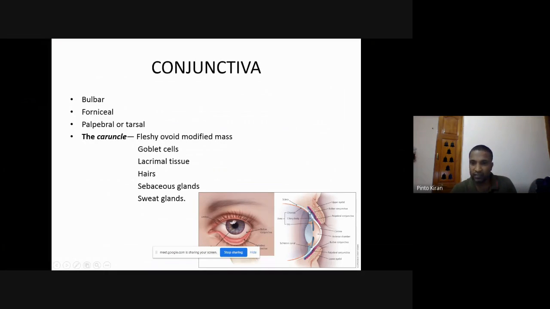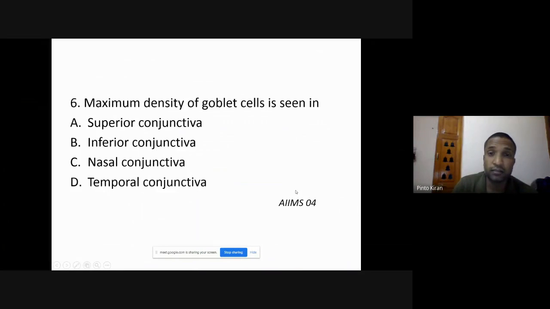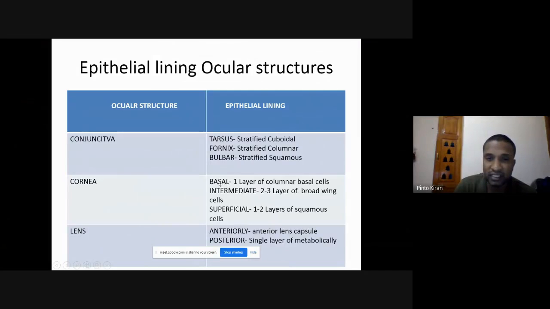The blue part is the bulbar conjunctiva, which just covers the eyeball. So the conjunctival epithelium has three parts: the basal layer, just columnar cells; an intermediate layer with around 2 to 3 layers of wing-shaped cells; and the superficial layer, just one or two layers of squamous cells.